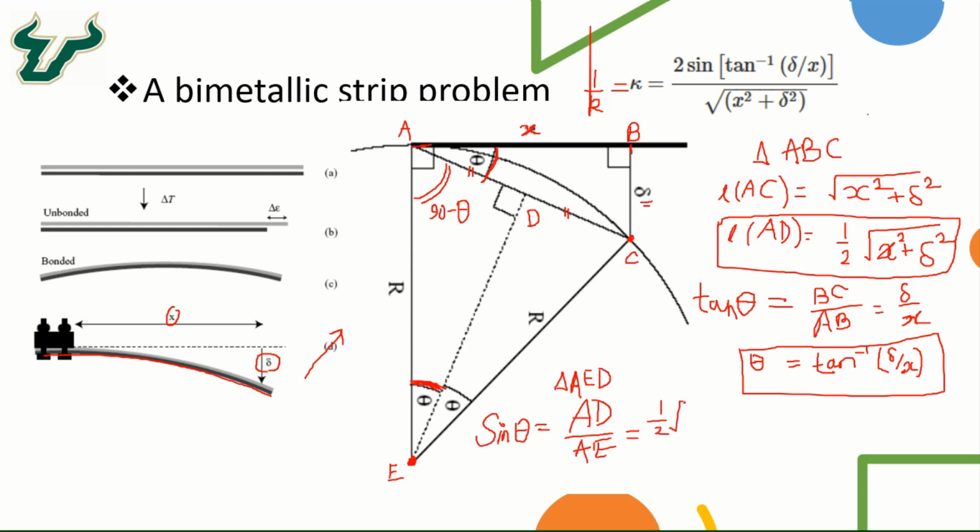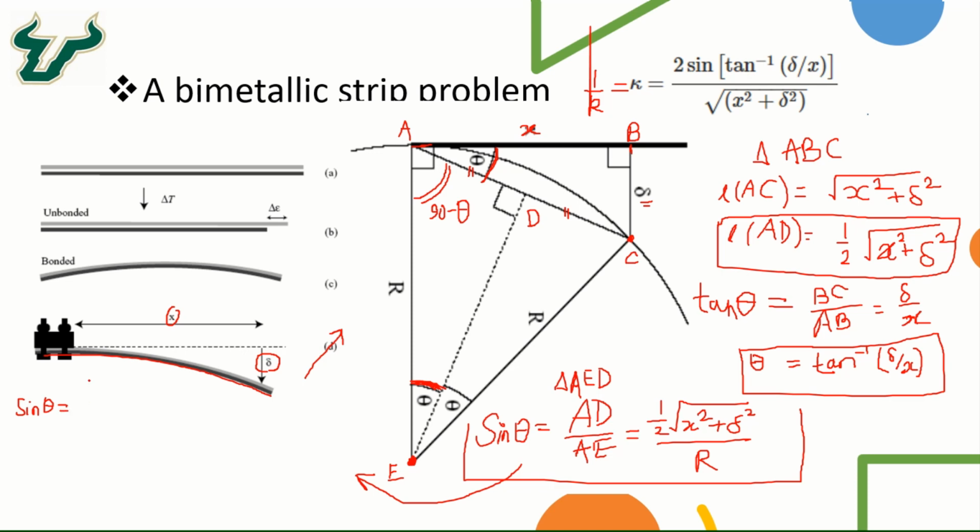Half of the square root of x squared plus delta squared, and AE is equal to the radius of curvature. And that's how we can get this equation that we want to use to compare with SolidWorks. So this one now we can further write in the final form, let me rewrite that. Sine theta equal to half of the square root of x squared plus delta squared over r.